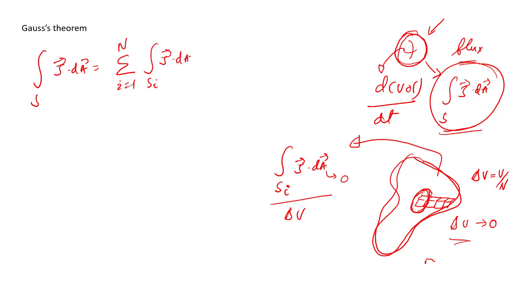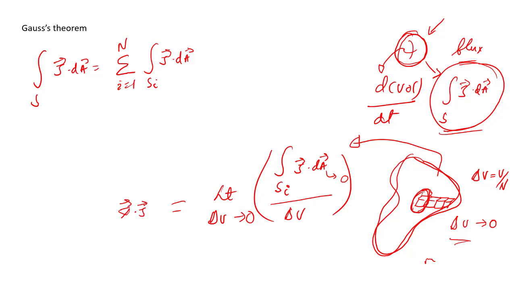We're adding them up. And each single element divided by delta V, in the limit delta V goes to 0, we define as the divergence of J.